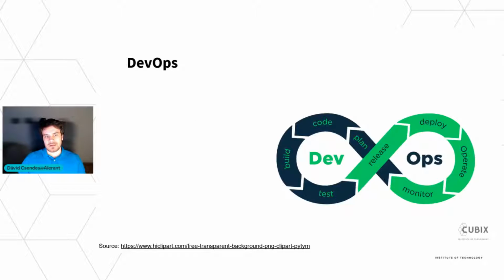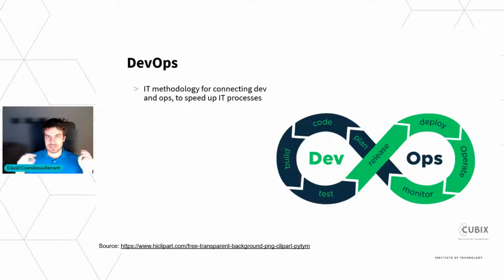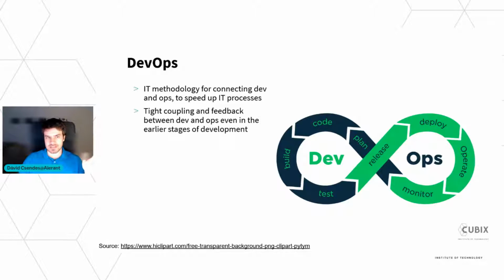So, cloud native application development. Before we get to that, first, we should talk a bit about DevOps, the DevOps methodology. It is an IT methodology that tries to connect the developers and the operations side in order to speed up the IT processes. The key here is that it will have a tighter coupling between these two sides that might have previously worked in a silo.